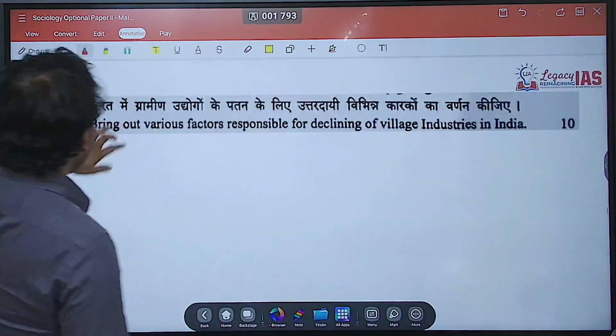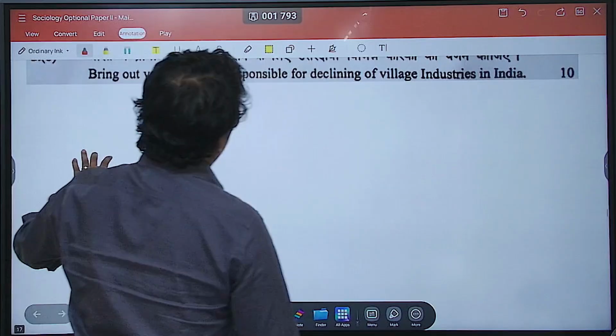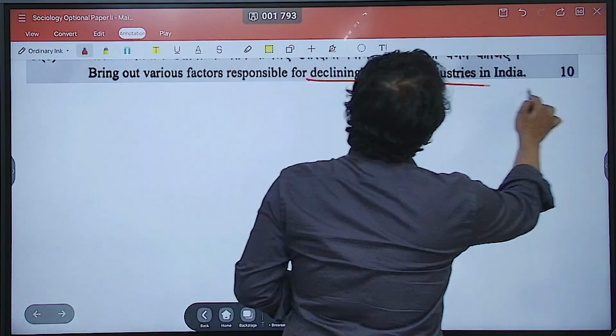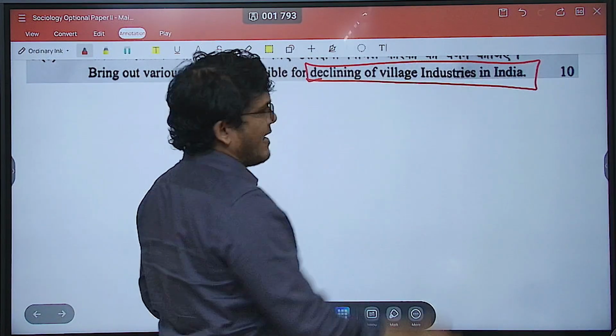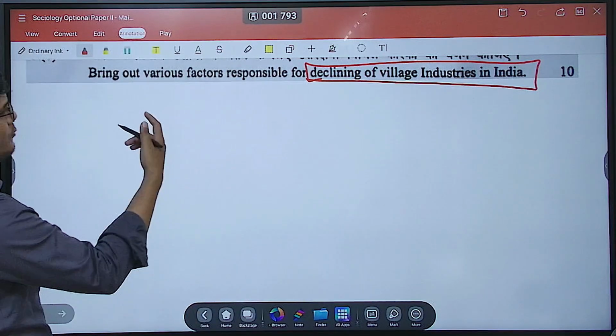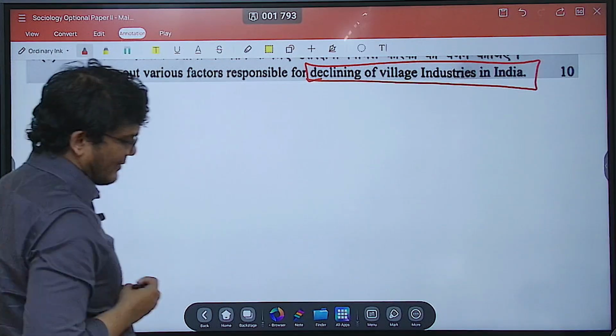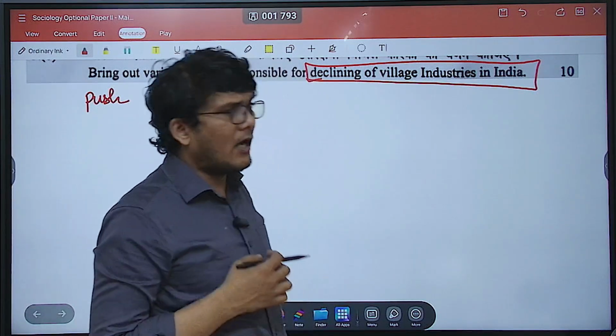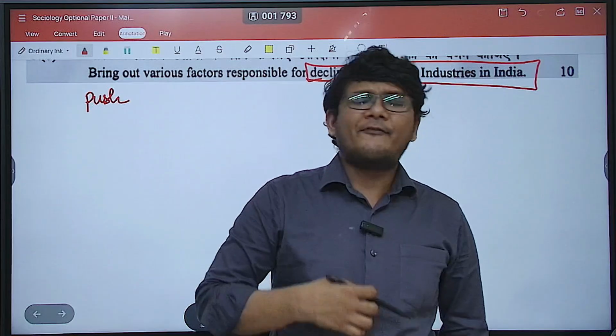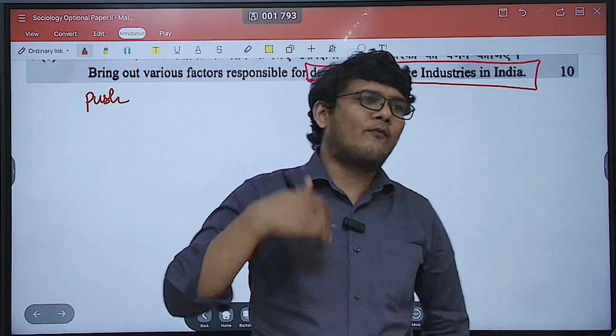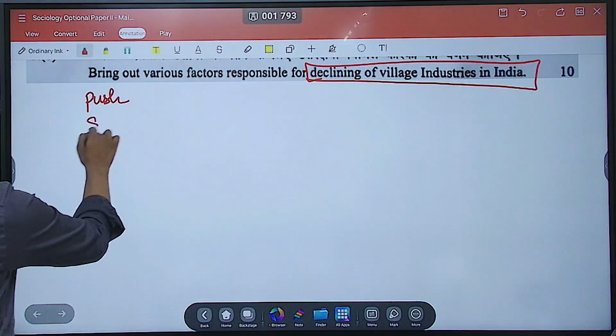Let's move ahead. Bring out various factors responsible for the declining of village industries in India. Factors responsible for declining. So there are certain push factors. For example, in villages, the facilities etc. are not there, so people would want to venture out. There is an issue of the scale.